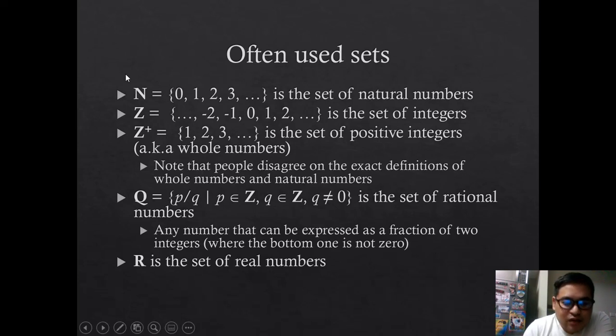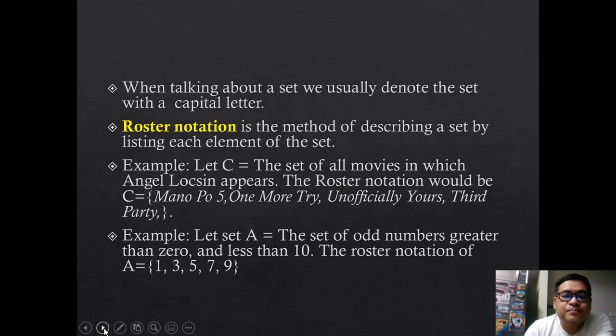So you have to take note of these representations. Again, N is natural numbers, Z is integers, Z plus is positive integers or whole numbers, Q is rational numbers, and R is the set of real numbers.